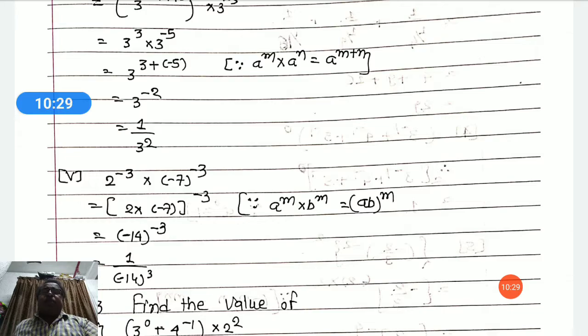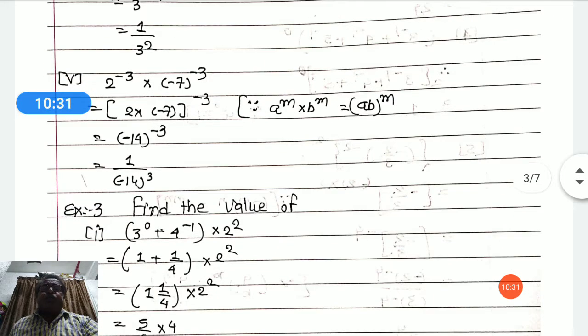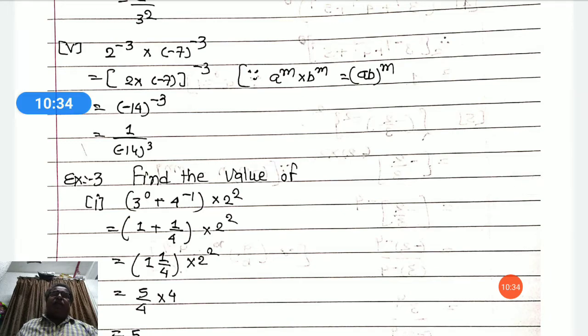Now fifth example, 2^(-3) multiplied by (-7)^(-3) is equal to (2 multiplied by -7)^(-3), because a^m multiplied by b^m is equal to (ab)^m, is equal to (-14)^(-3). Now it becomes plus in the denominator, is equal to 1 divided by (-14)^3.